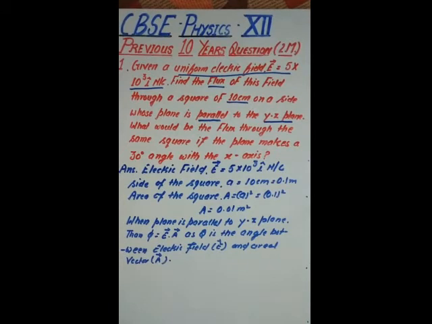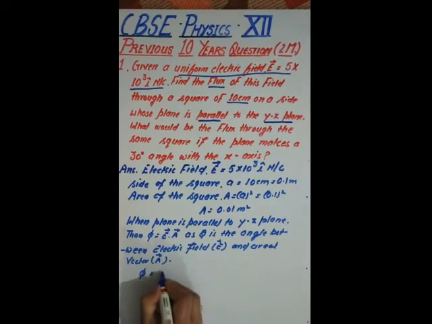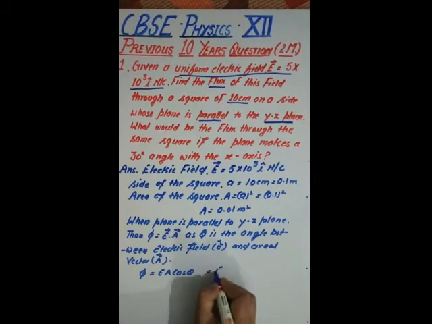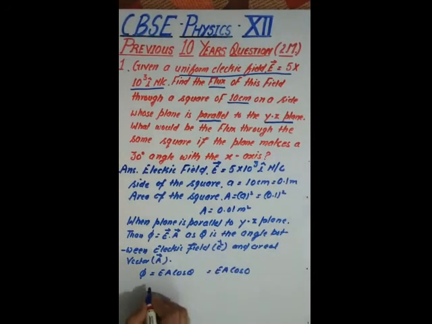So flux will become, flux equals E A cos theta, or we can say that the value of theta will be 0. So it will become E A cos 0, or we can write it EA.